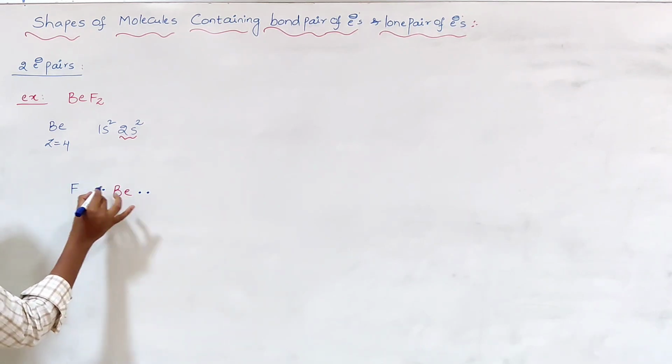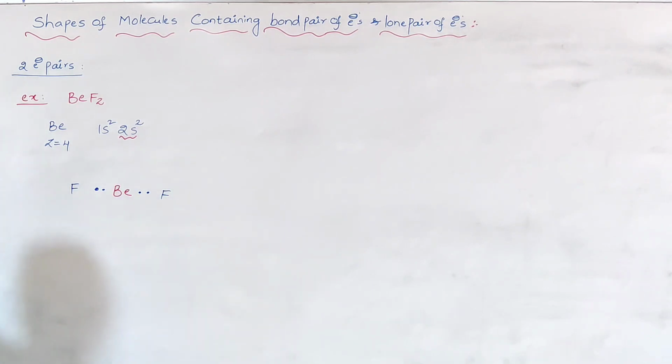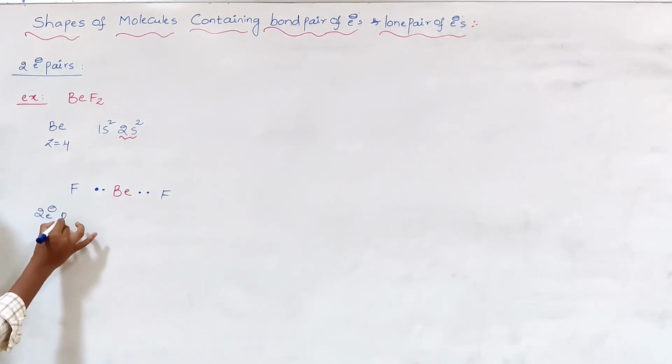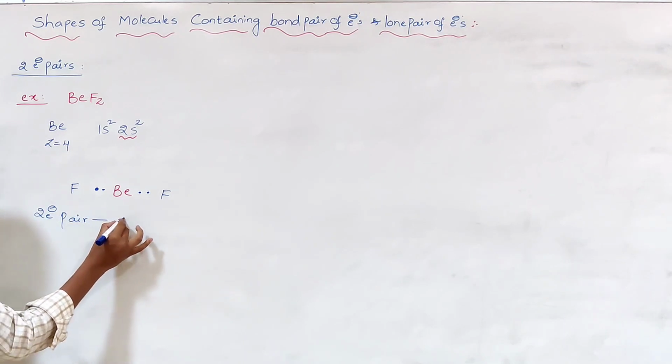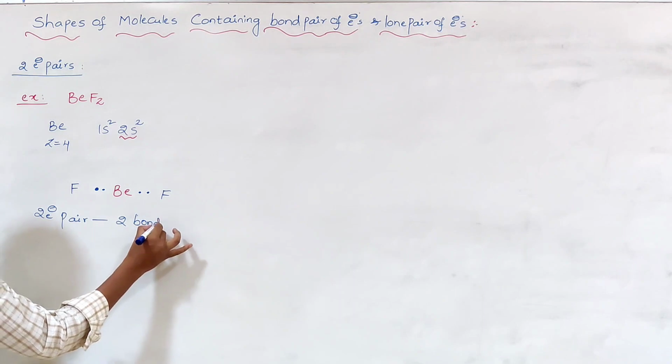Both the electron pairs are bond pairs of electrons because they participated in the bond formation. Of the 2 electron pairs, all are bond pairs.